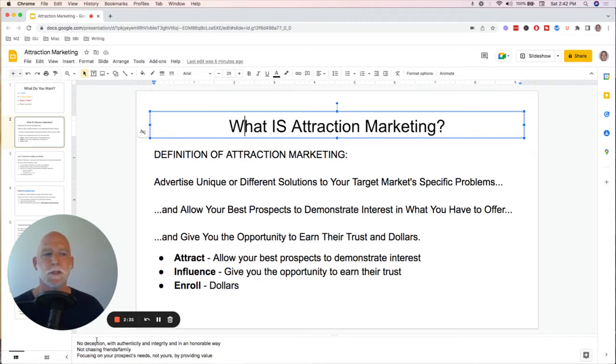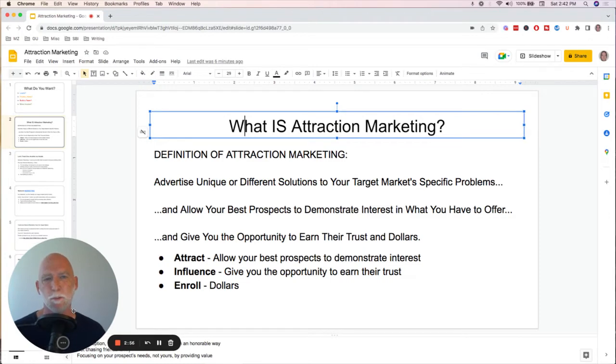In a lot of the normal network marketing methods you're being taught, there's a lot of deception. Attraction marketing is doing it with authenticity and integrity, building your business in an honorable way. You're not chasing friends and family. You're focusing on your prospects' needs, not yours, by providing value to those folks. That is what true attraction marketing is.